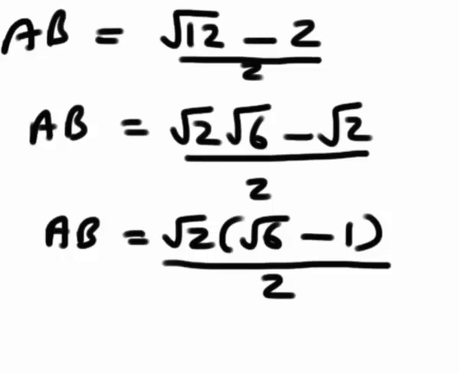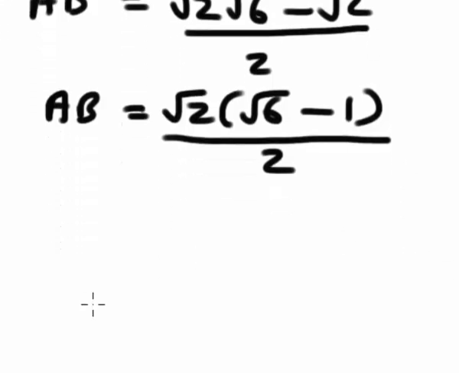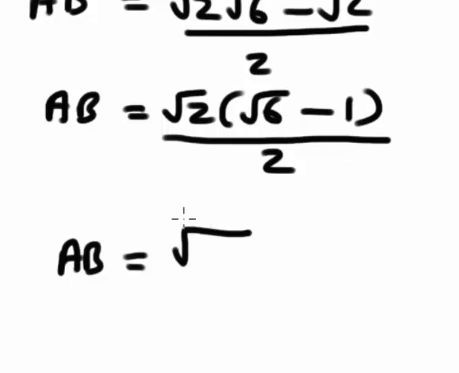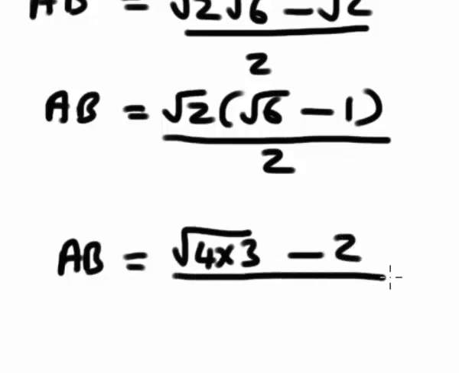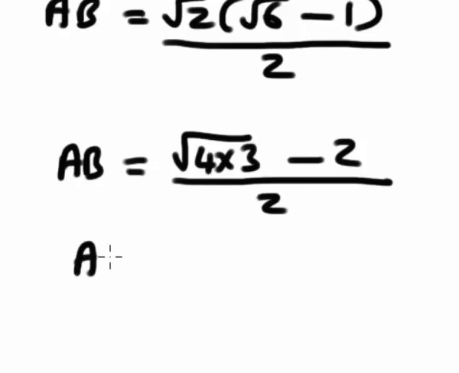By the way, another way you could do it as well: if AB is equal to the root of 12 minus 2 all over 2, remember, the square root of 12 is also root of 4 times 3. The square root of 4 is 2.